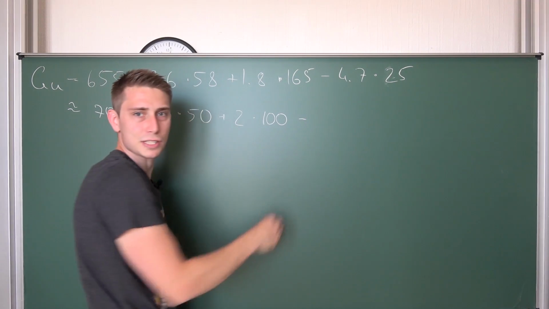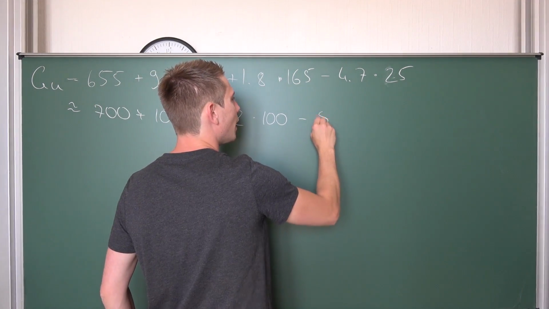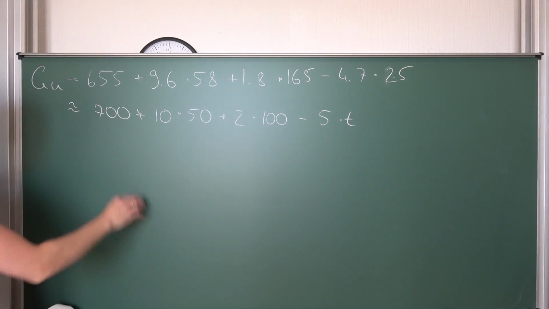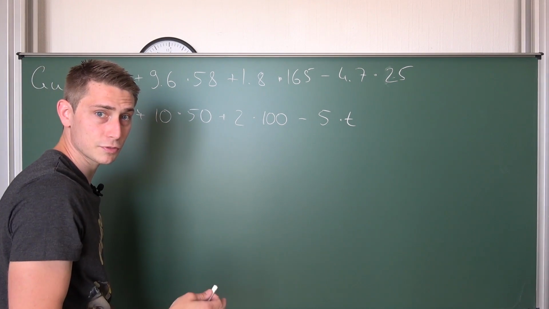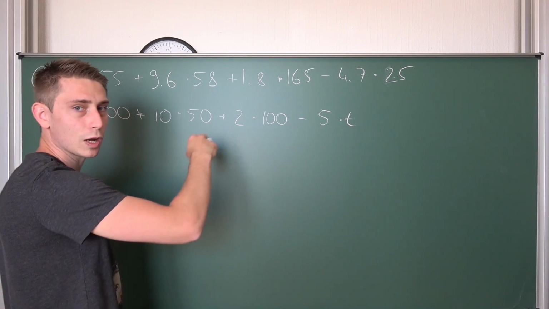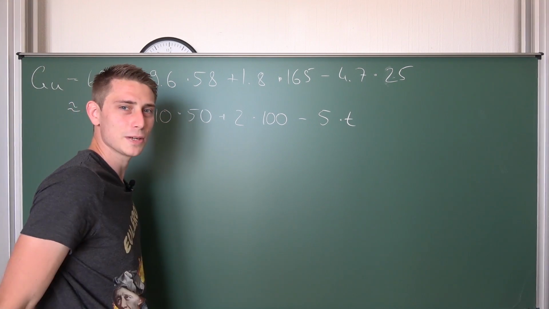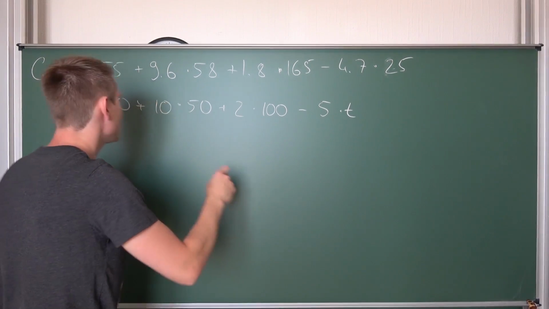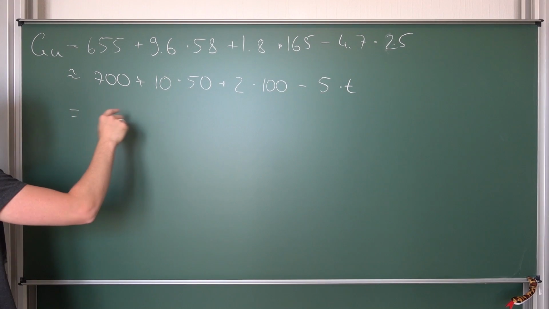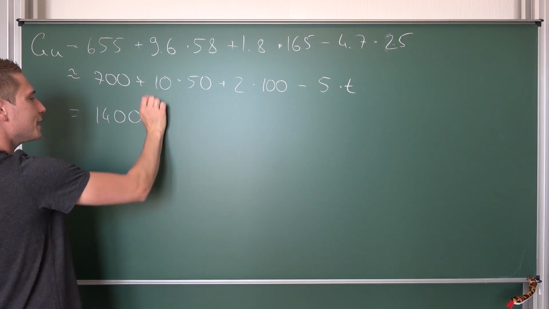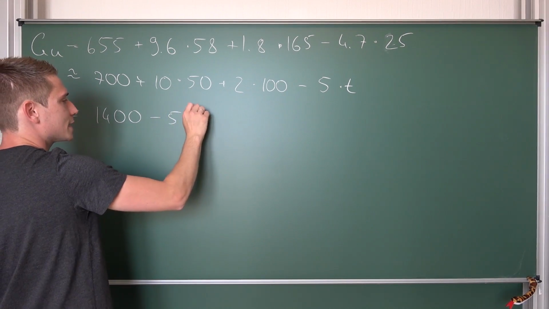Minus 4.7, which really doesn't matter, is 5 times our age T. And now we are going to calculate the stuff. So 700 plus 10 times 50 is 500, so that makes 1200. And 2 times 100 is 200, so this makes 1200 plus 200 is 1400 minus 5 times our age.